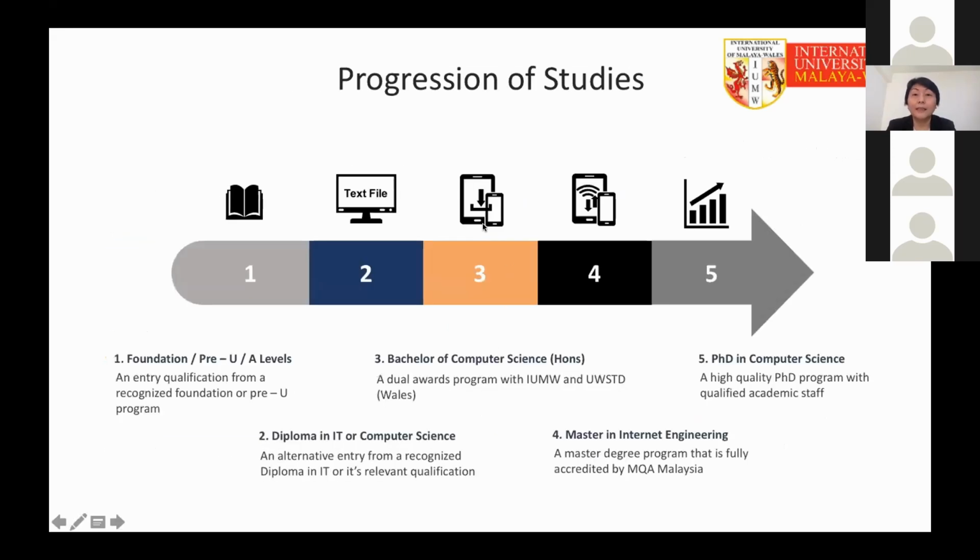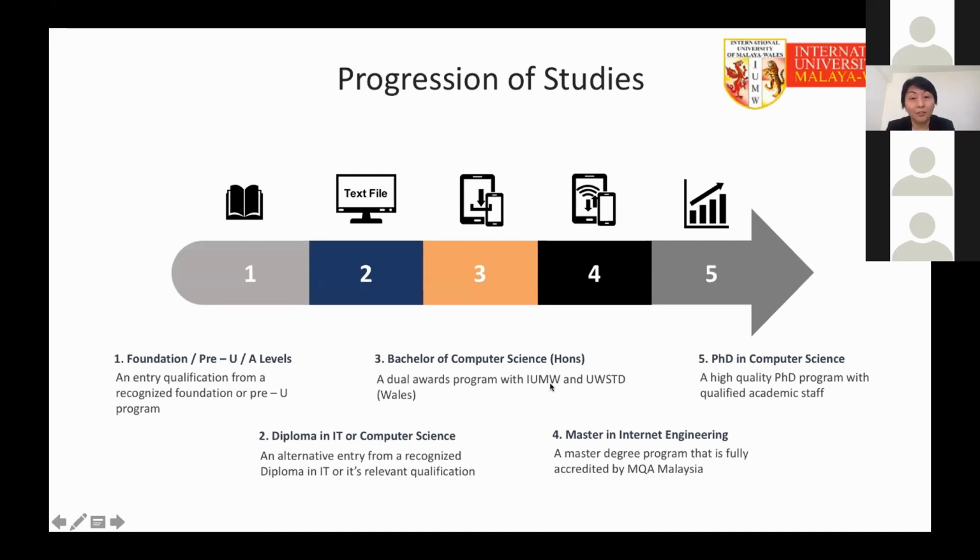So this is the progression plan for the learning pathway. To join computer science, which is at stage number 3, the first stage is the foundation, pre-U or A level. The second is the diploma in IT or computer science.